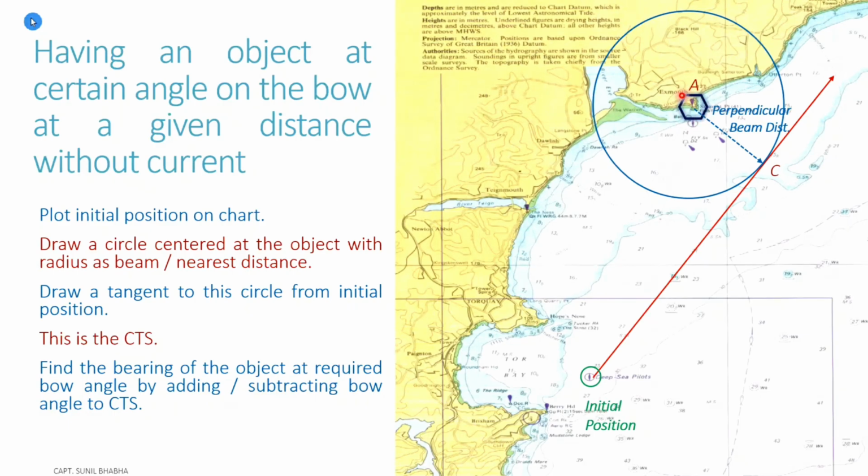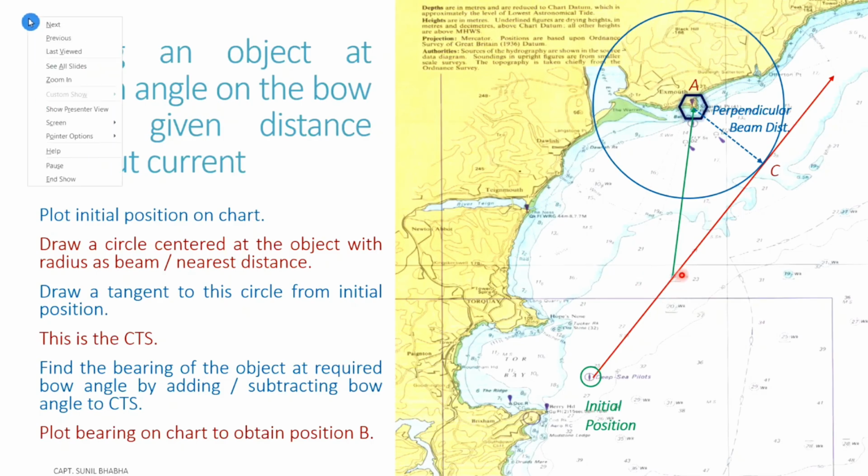In this case, once the bearing is obtained, we draw that bearing line passing from the lighthouse. So let's plot it on the chart. You can see this bearing line plotted on the chart now. Now the point which meets our CTS.